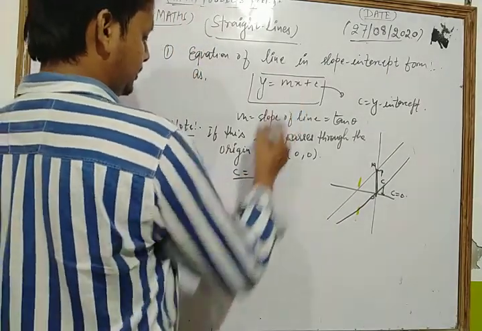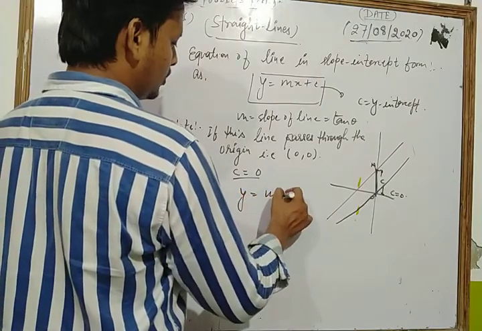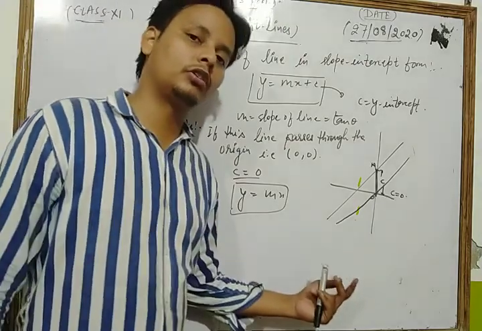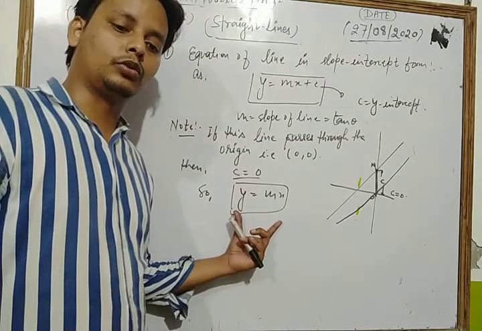So the equation of the line becomes y = mx. Okay, now it is clear.